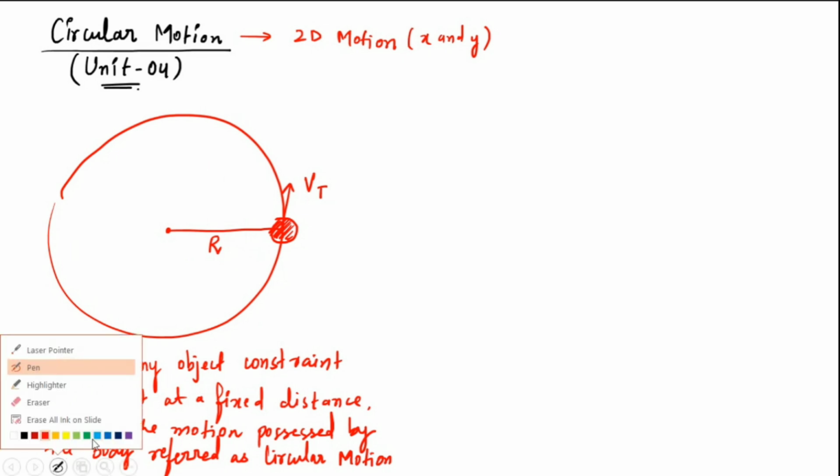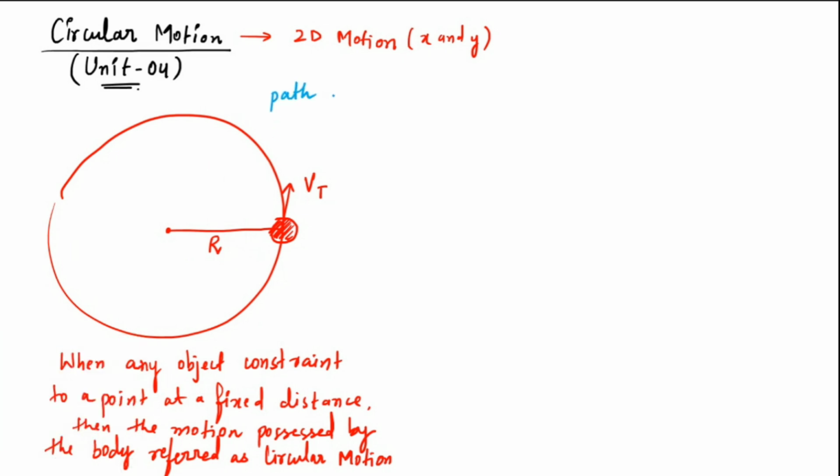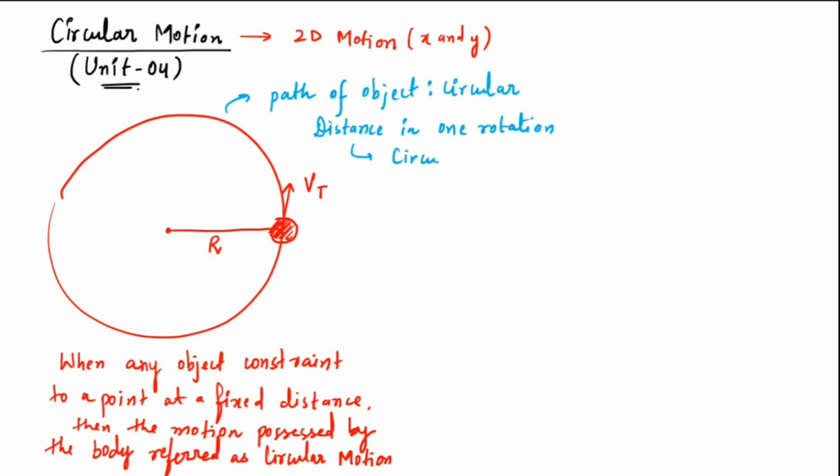Similarly, if we talk about the path of the object, it is going to be a circle. As the path of the object is going to be circular, the distance it is going to cover in one rotation is going to be the circumference of that circle.